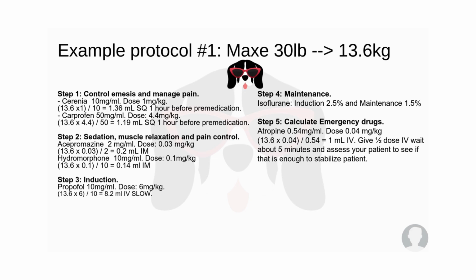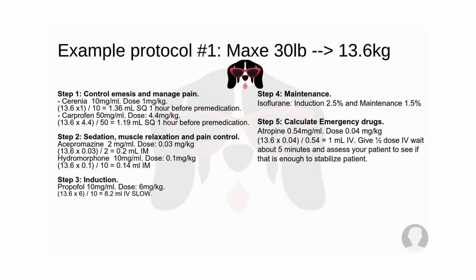So let's use Maxa one more time. He is a 30-pound dog. So if I divide 30 by 2.2, I'm going to get his kilograms. That is 13.6 kilograms. So step number 1, control emesis and manage pain. I'm going to do Cerenia, and I'm using the 10 milligram per ml concentration.